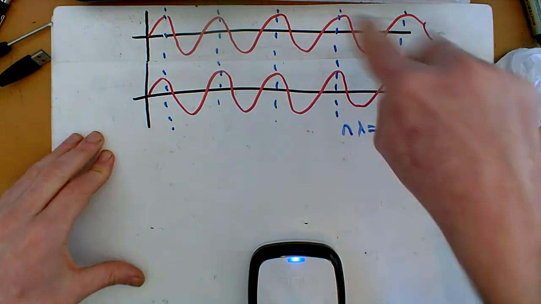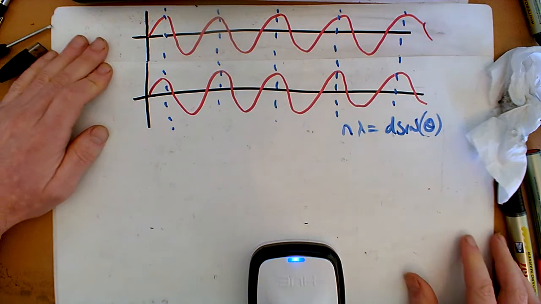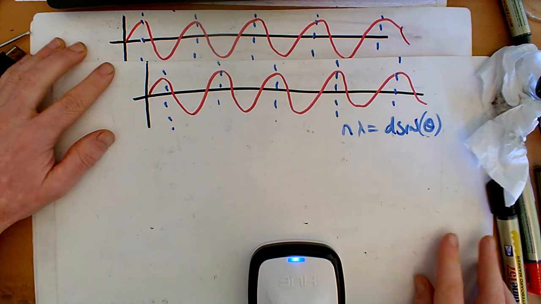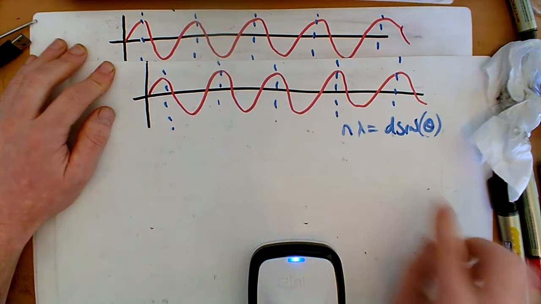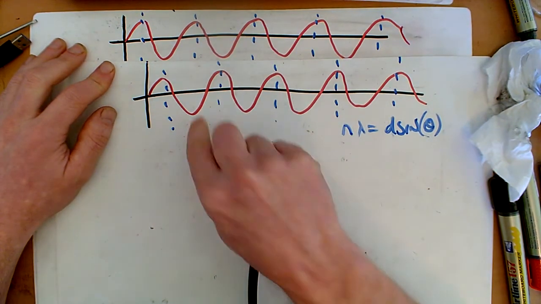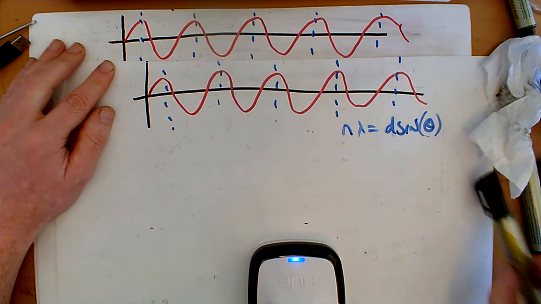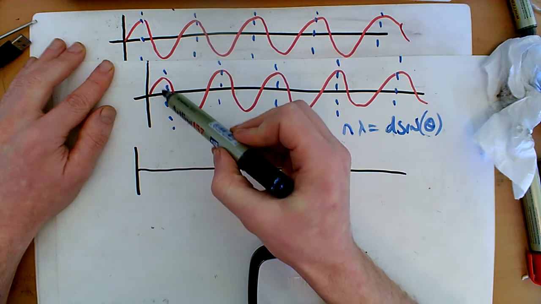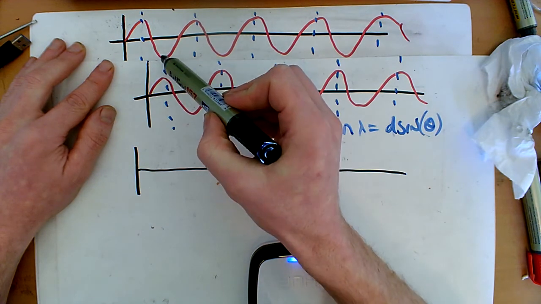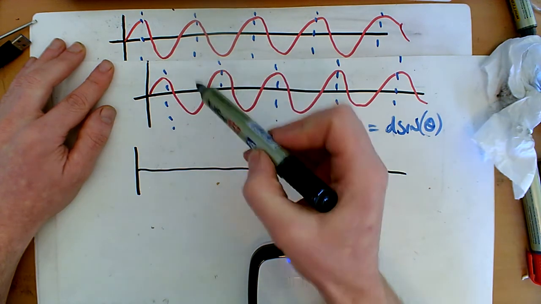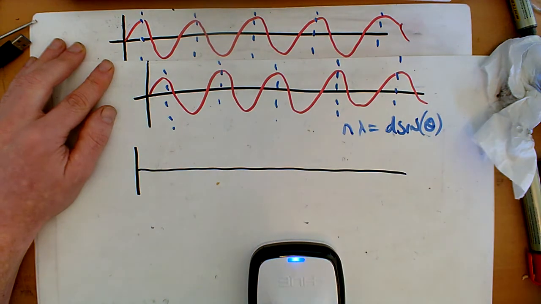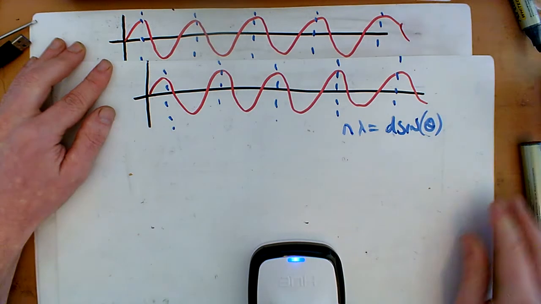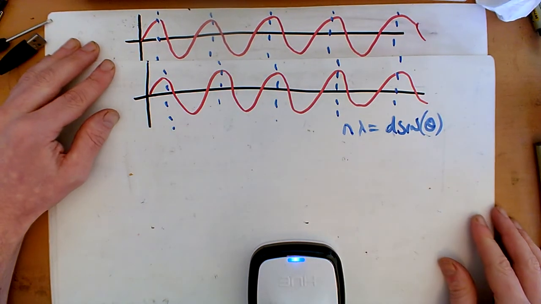Say these were coming from two lasers as sources, and I've shifted one a little bit, by half a wavelength. Now this peak is going to line up with this trough, and if we added them together, we'd get nothing. The maximum amplitude in one direction adds to the maximum amplitude in the other direction, and they add up to be zero.